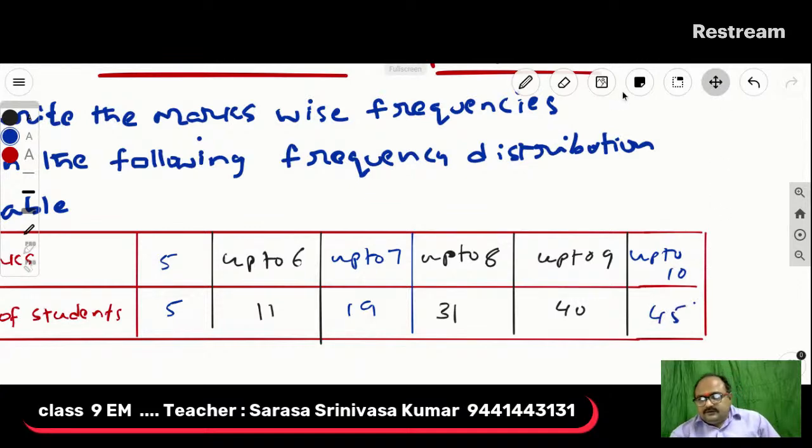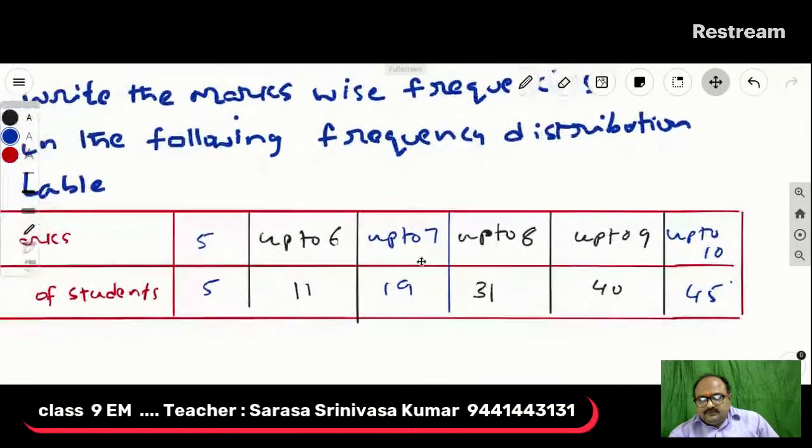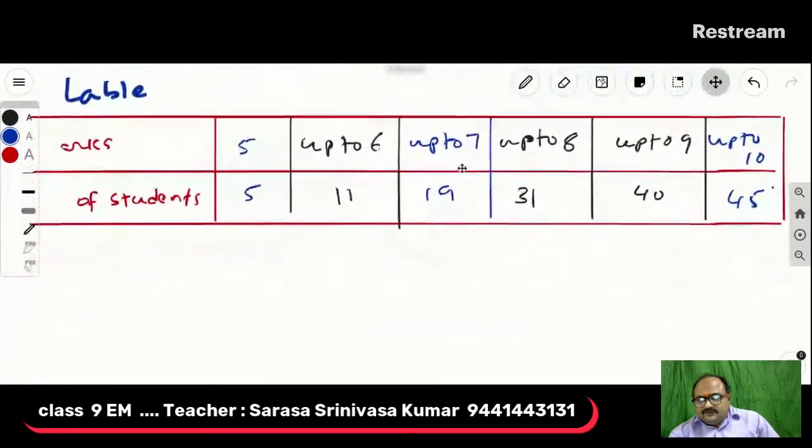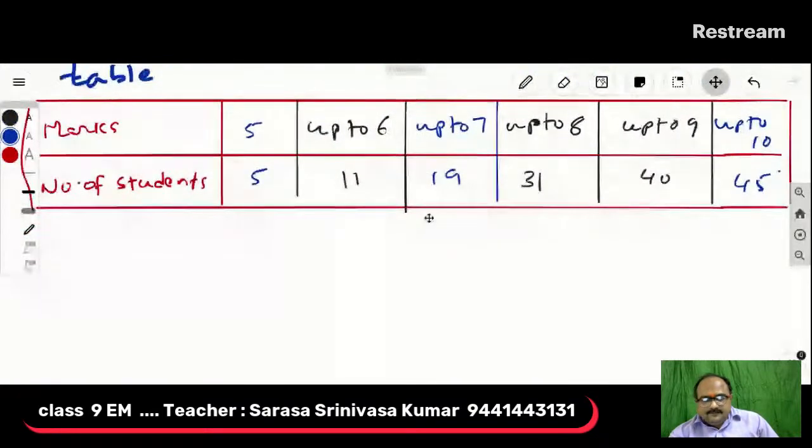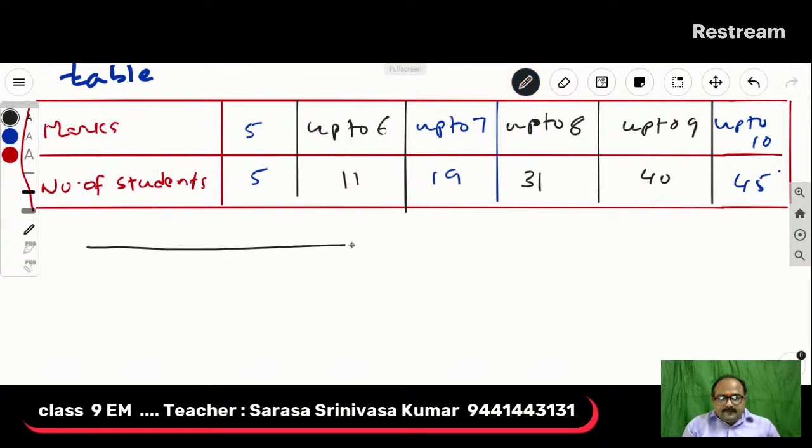So this is the cumulative frequency distribution table. Using this table, we must prepare the frequency distribution table.